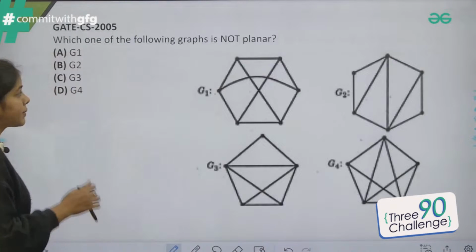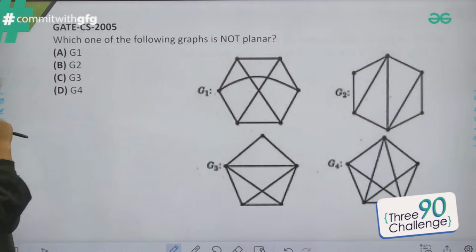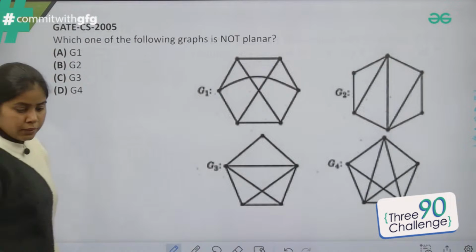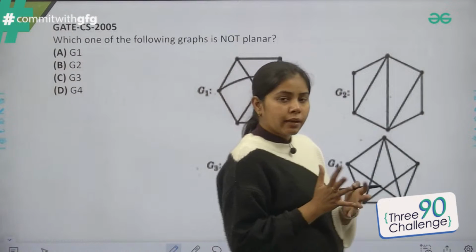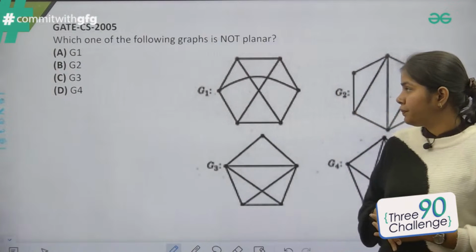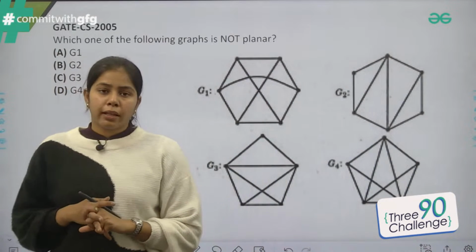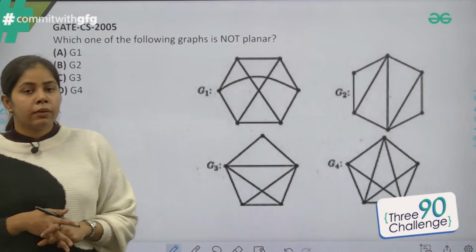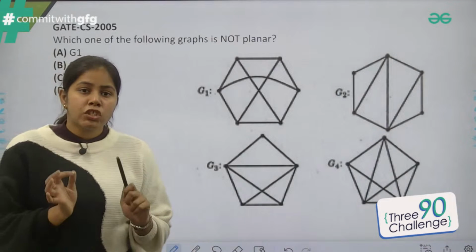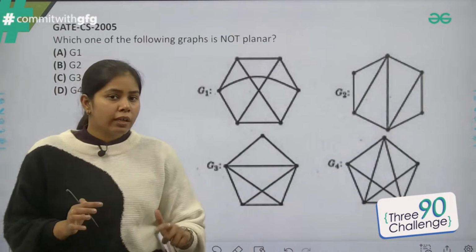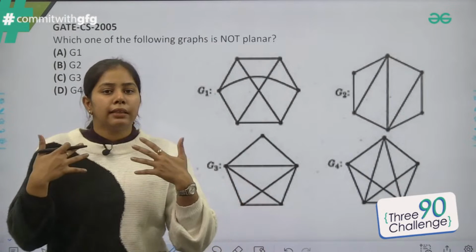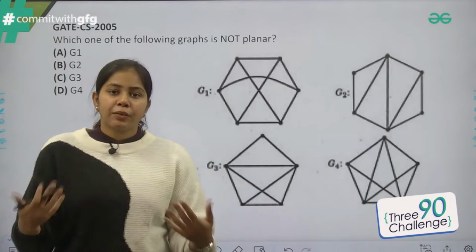This one is a question. It says, which one of the following is not planar? So what is the definition of a planar graph? Can anyone tell me the definition of a planar graph? A planar graph is a graph in which no two edges intersect each other except at vertices.